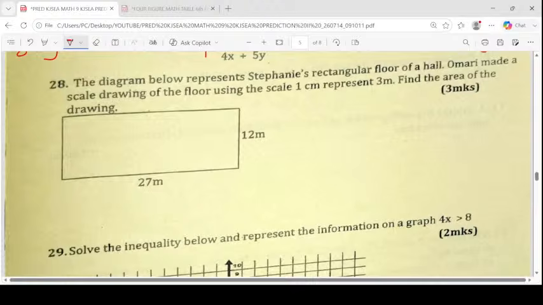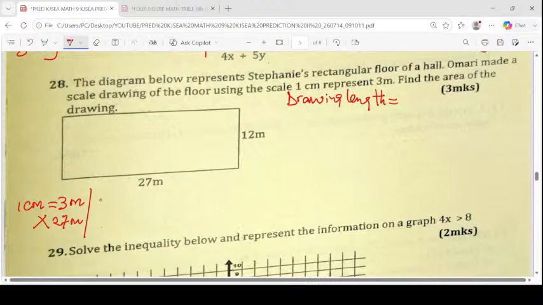So, let me first get the drawing length. Drawing length will be, if 1 centimeter is equivalent to 3 meters, what about 27 meters? You can cross multiply. This will be 1 times 27 divided by 3, which is equivalent to 9 centimeters. So the drawing length here is 9 centimeters.